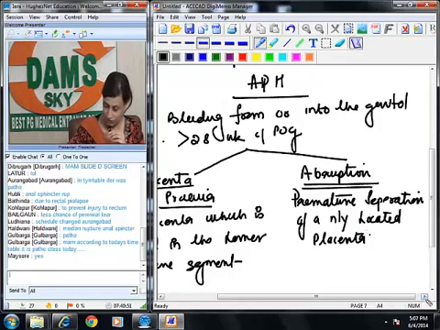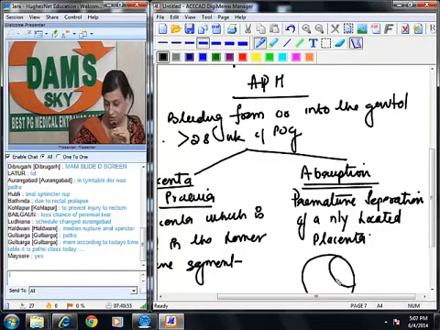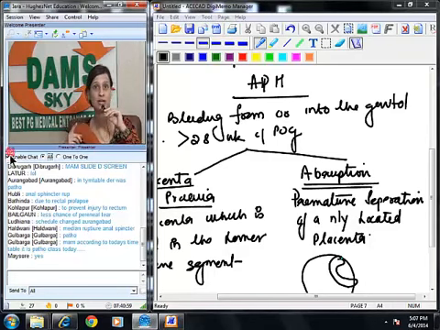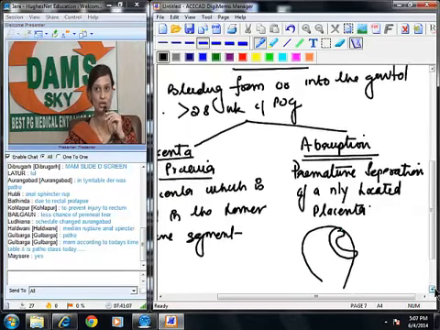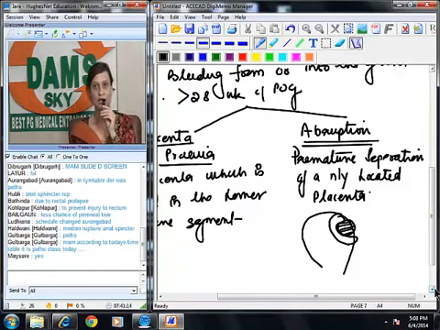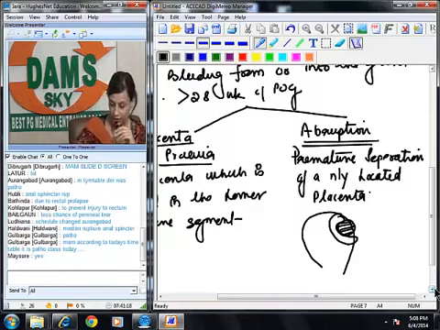So in this case, what is happening is that the placenta, although is located in the upper segment, it begins to separate, just like it was happening in the Schultz method. But in Schultz, it was occurring after the delivery of the baby. Here it is occurring before the delivery of the baby, right? So again the placenta separates from the underlying decidua, that is premature separation of a normally located placenta, right?